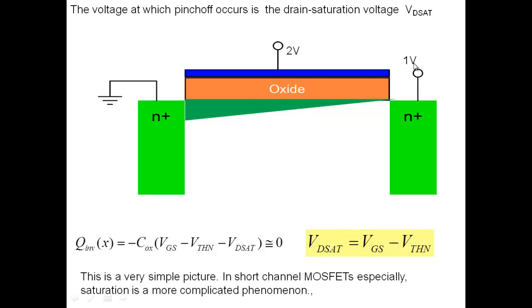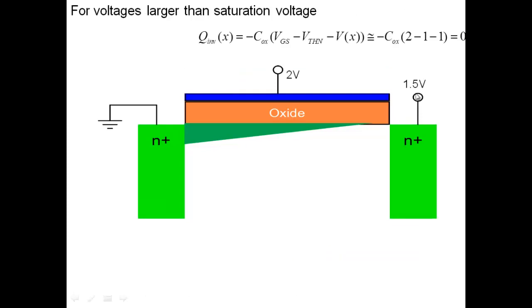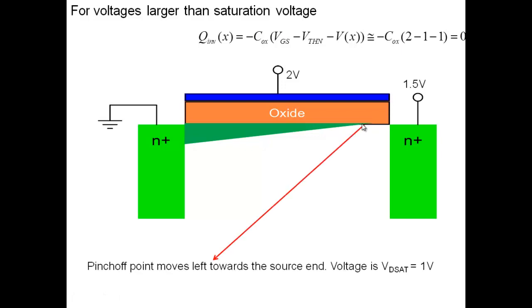So the idea was that as you go beyond 1 volt to 1.5 volt here, the pinch off point moves towards the left. Note that if this is 1.5, the pinch off occurred when the voltage in the channel was 1 volt.